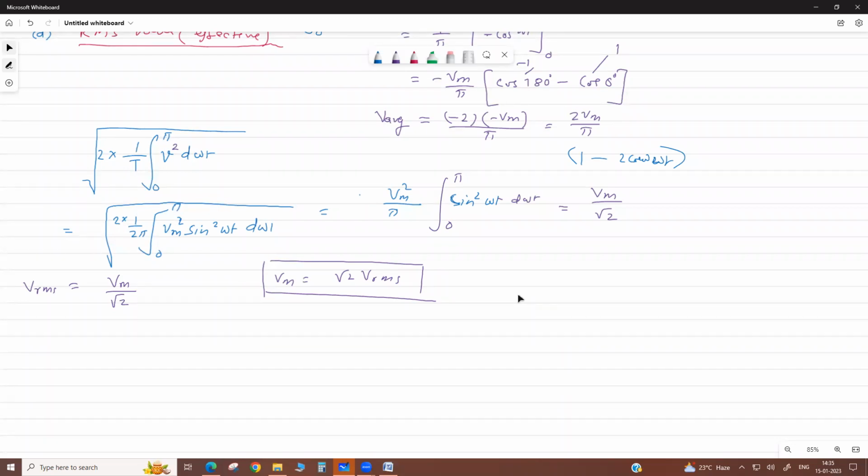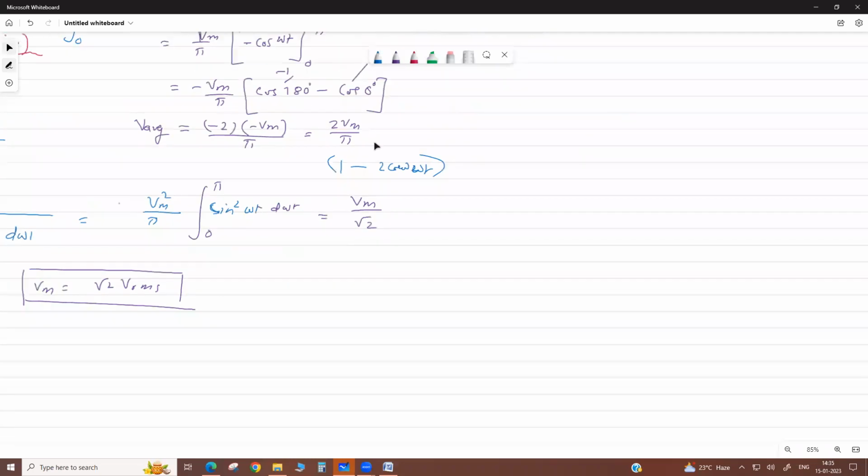Always remember for this sinusoidal waveform, form factor and peak factor.